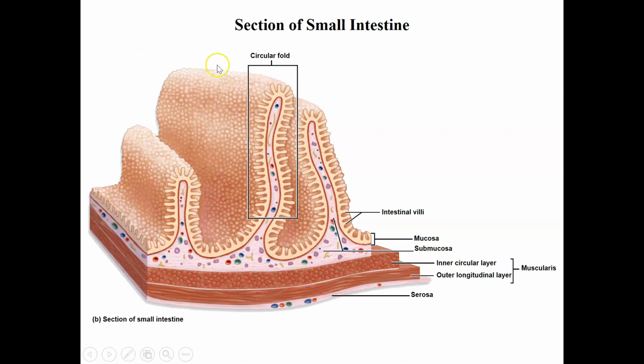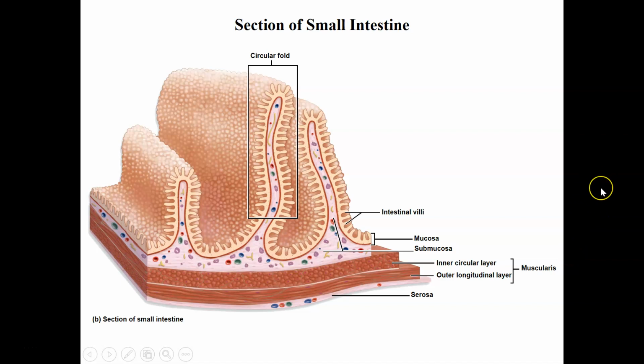This is going to run around the interior of the small intestine. This is a circular fold projecting in, and then at this level you can also see the villi. These are the villi, the projections, and these are the tips of the villi, all in the interior of the mucosal layer. So those are the villi.